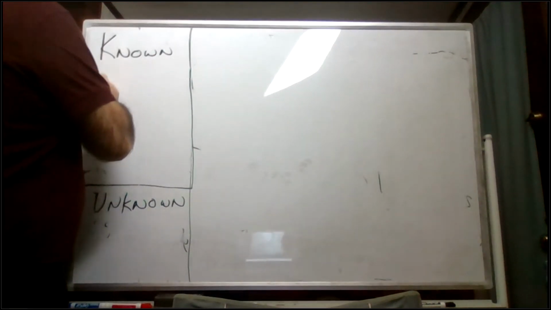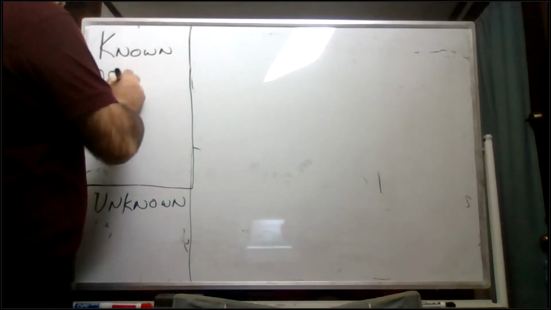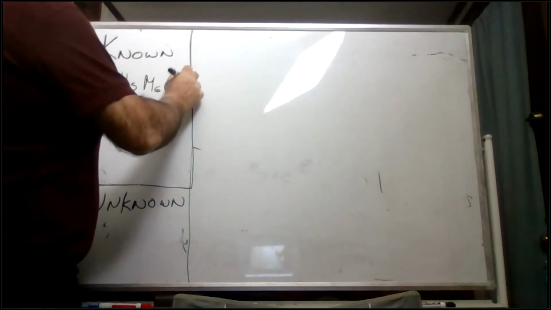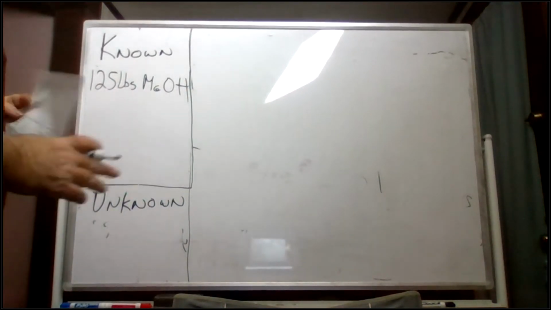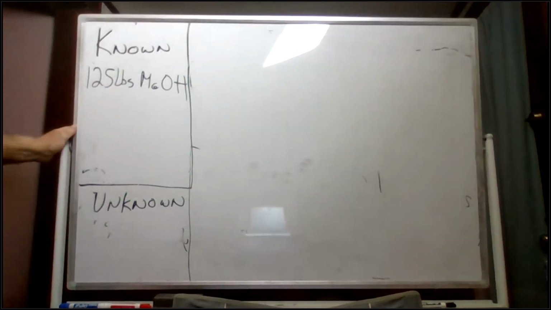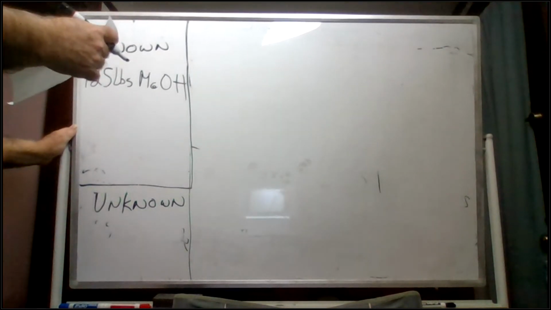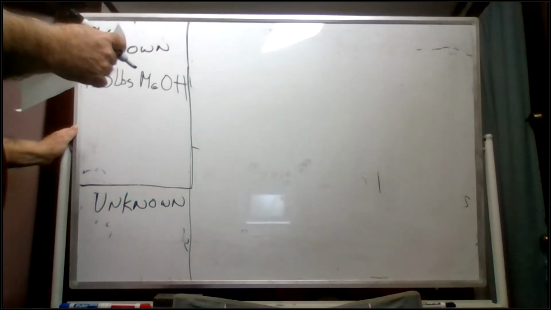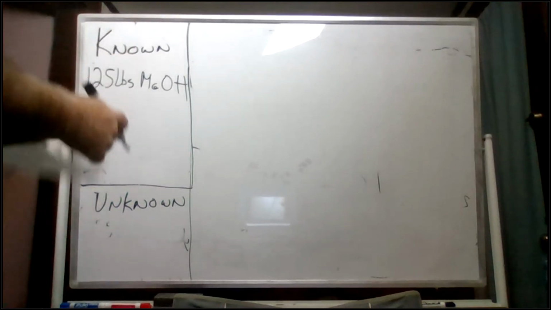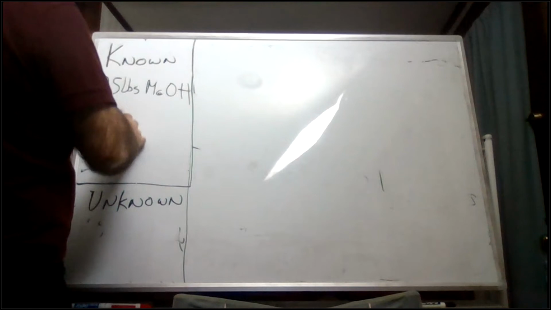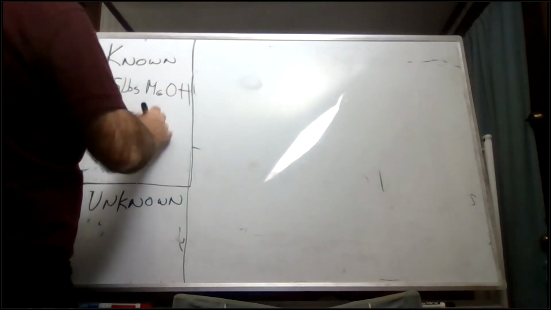So that's a known, 125 pounds of magnesium, and I'm going to put an OH here. I don't know if that's right. You guys can check it out like you did for calcium oxide. Magnesium hydroxide, and it's dissolved in 15 gallons of water.